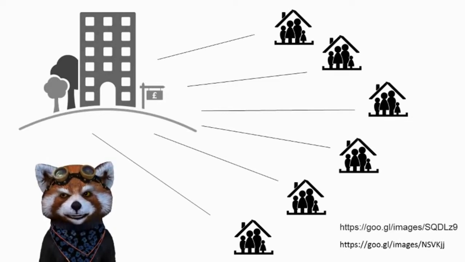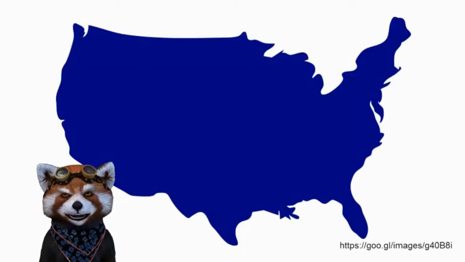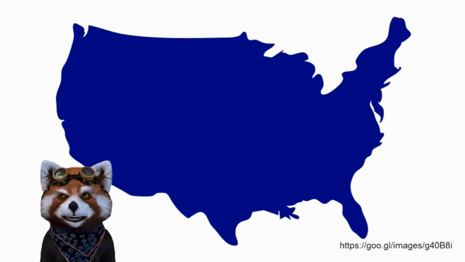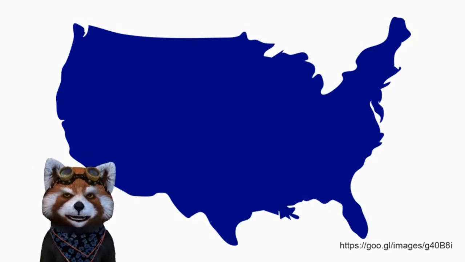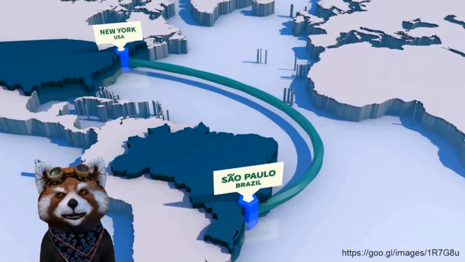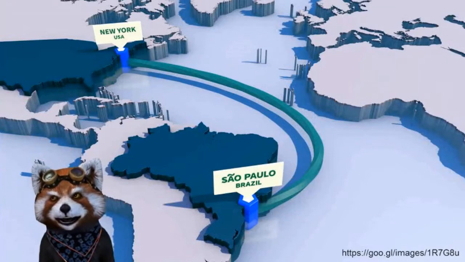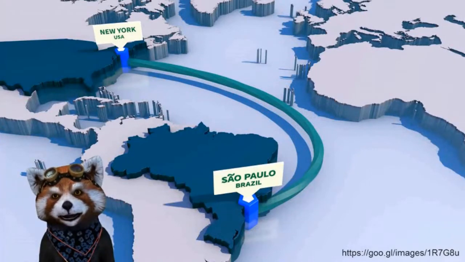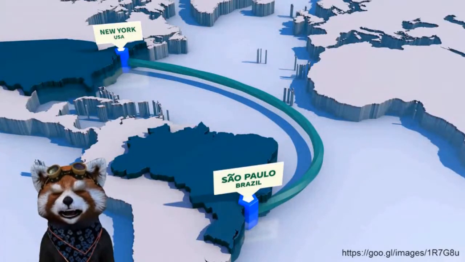What does this look like in the real world with computers? Maybe you have a business in the United States, and you only want employees that work in the United States to have access to the information about their customers in the United States. Then you set up a domain for computer users in the United States. Then your business expands to Brazil. The employees in Brazil need information on their customers in Brazil, but they don't need information about the customers in the United States.